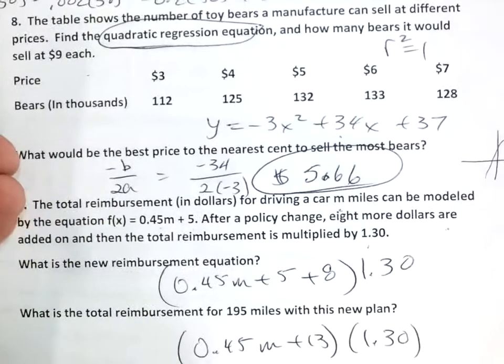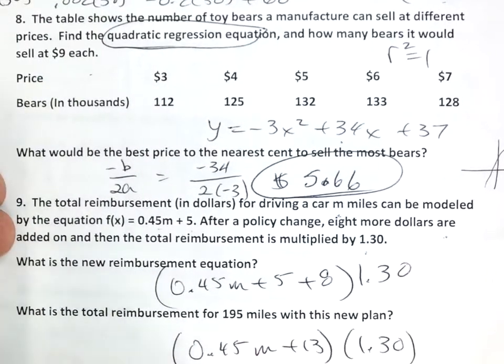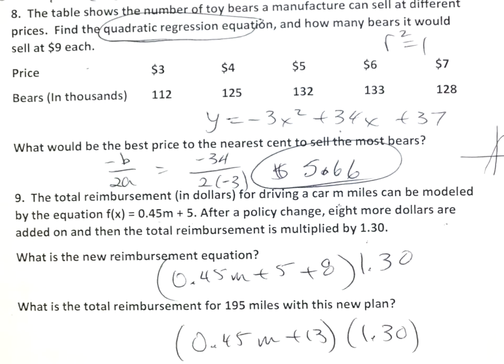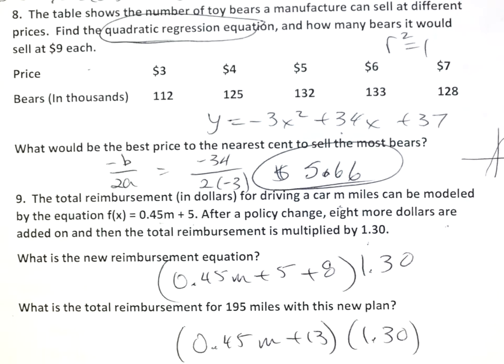Okay, so when we loan this car out, the cost is going to be about 58 cents per mile, but then we've got a cleaning fee of $16.90 when you get done.